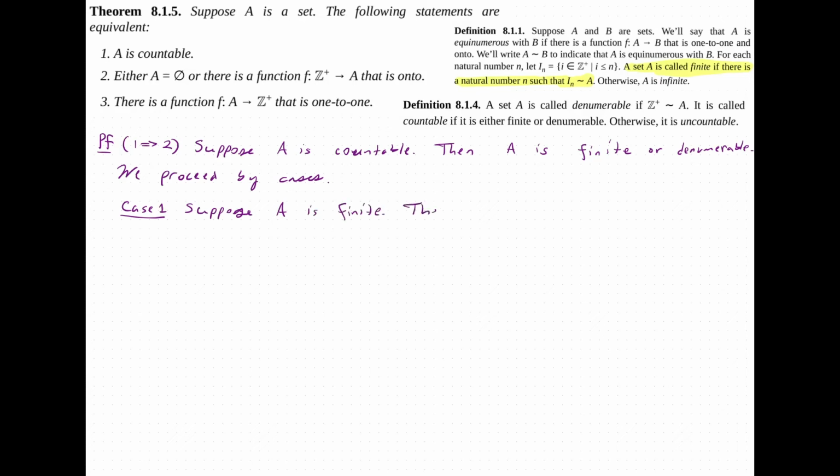Then, by definition, if A is finite, then it's going to be equinumerous to some I sub n for some natural number n.